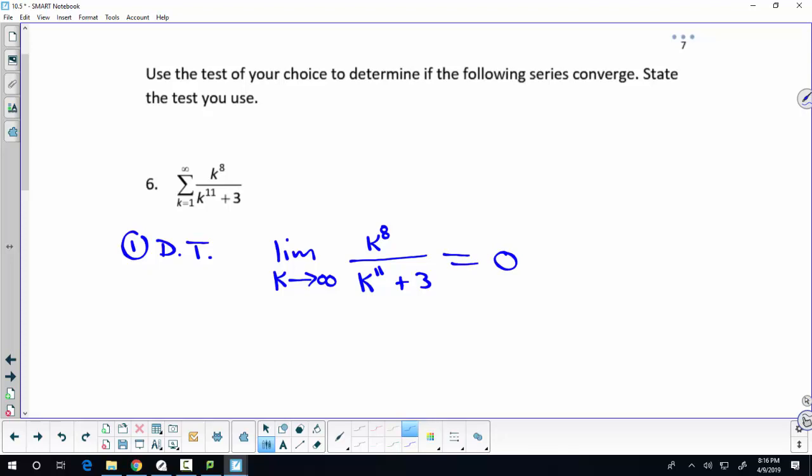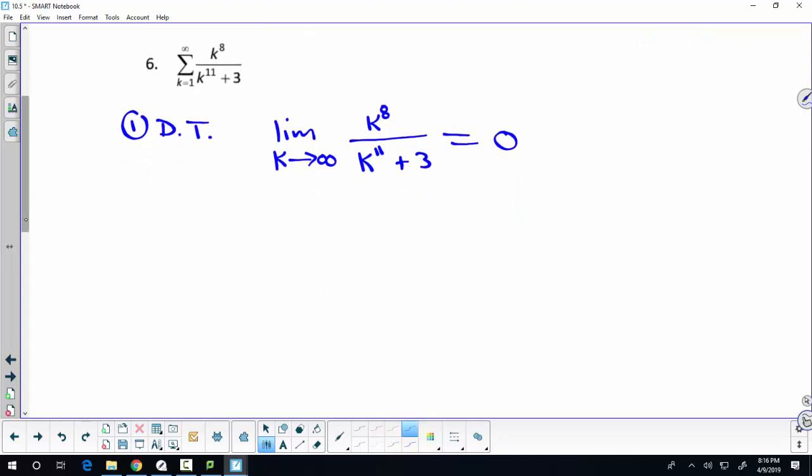The divergence test doesn't tell us anything. Not geometric, not telescoping. Do we want to integrate that? Or can we integrate that? How would we integrate?